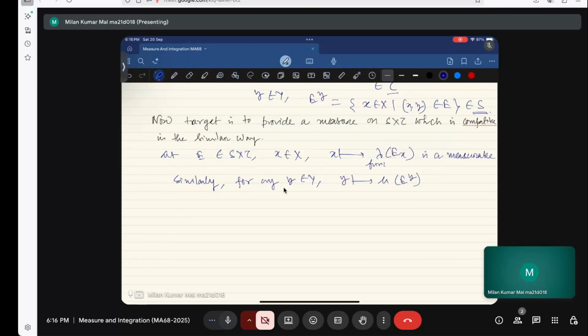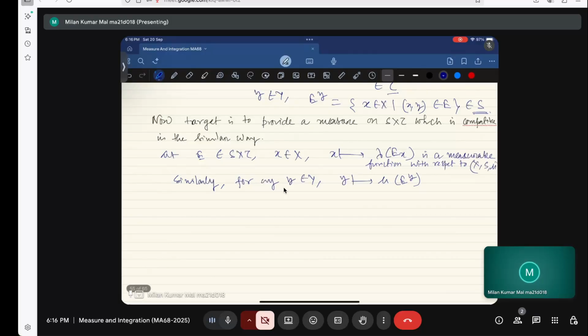measurable function with respect to the sigma algebra. This corresponds to the second one. No, this is corresponding to the first one, measurable with respect to S mu.